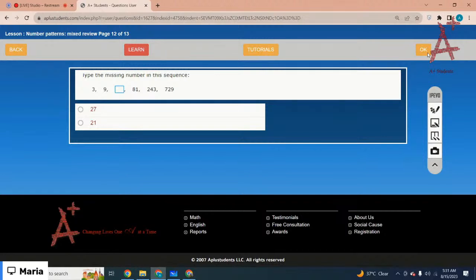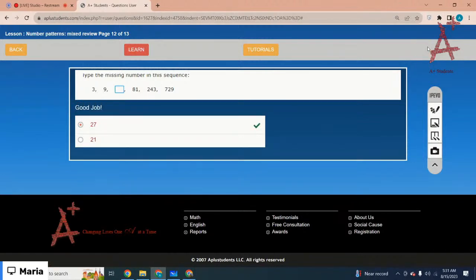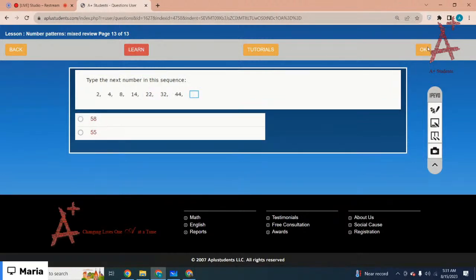You can see 3 times 3 is 9. So for the next one, you have to multiply 9 times 3. 9 times 3 is 27. That means the missing number is 27. Very good.